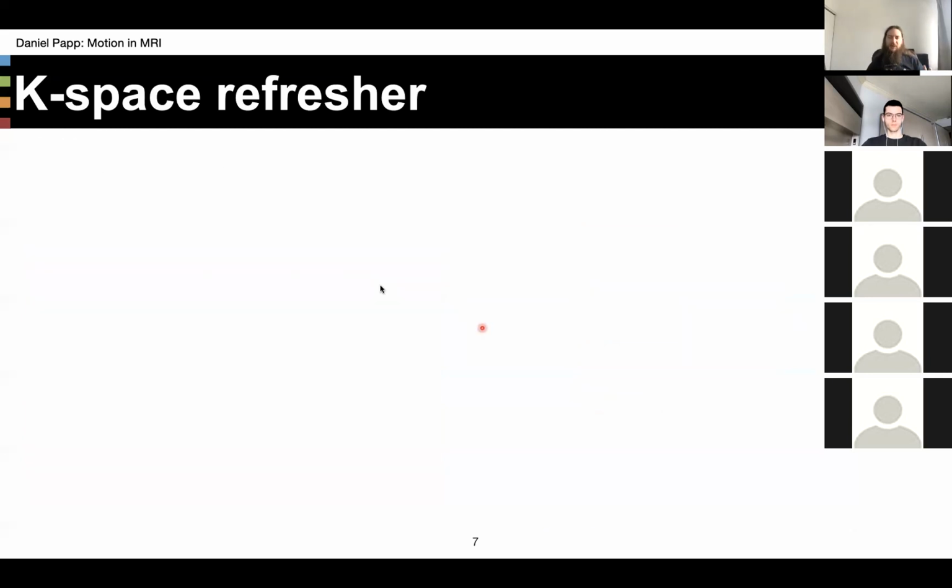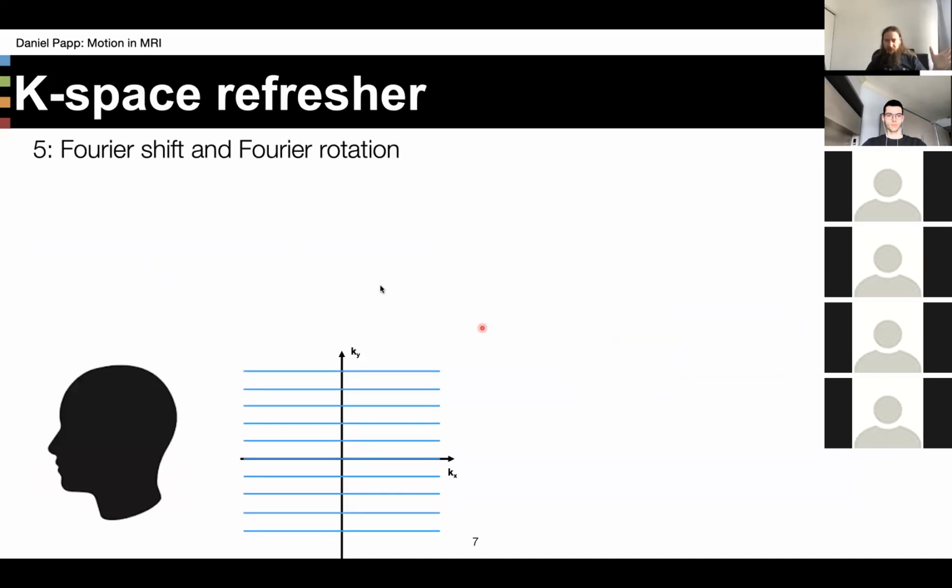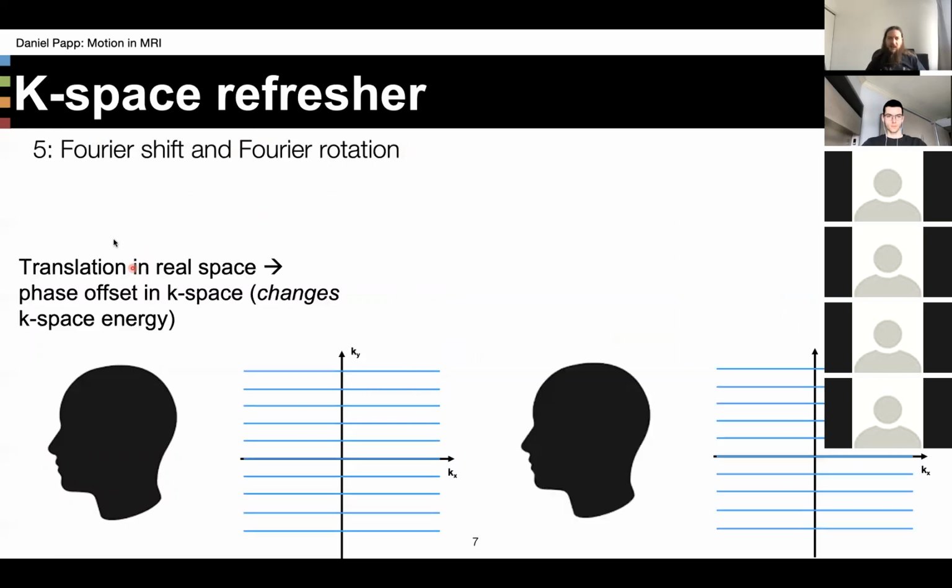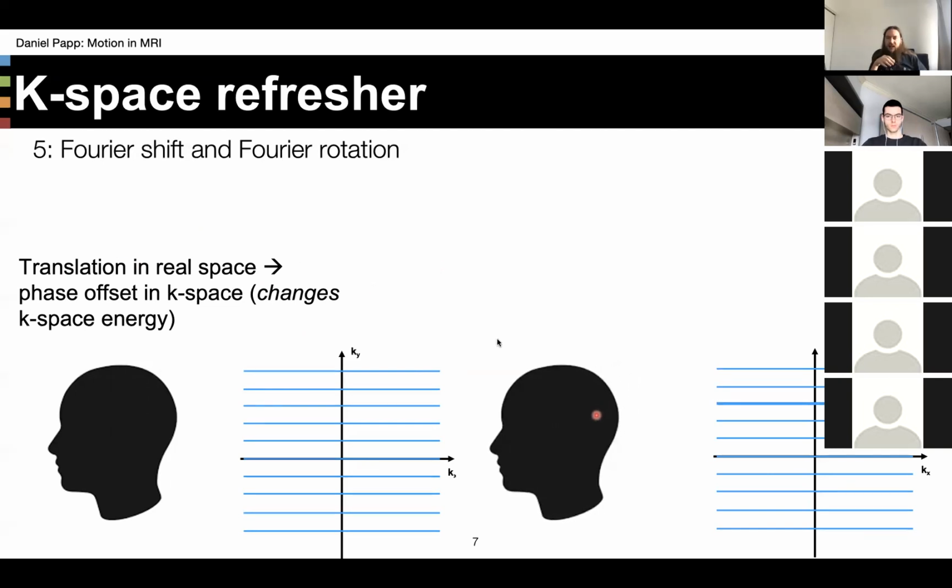Almost done with the k-space refresher. Two important things yet to cover. One is the Fourier shift and Fourier rotation theorem. These just mean that a translation in real space is a phase offset in k-space. The easiest way to think about that, hello, animation, yes, thank you, is that a translation will change the k-space energy.